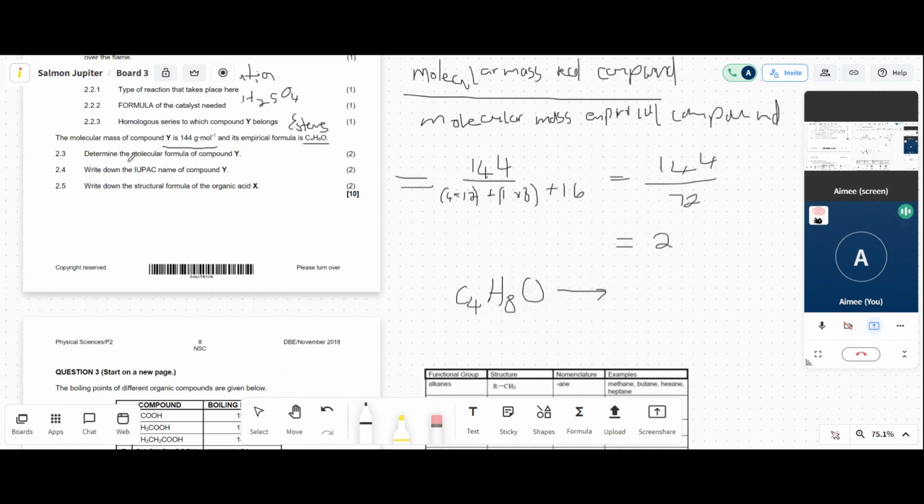So 4 times 2 is 8, 8 times 2 is 16, and 1 times 2 is 2. And that is your molecular formula: C8H16O2.